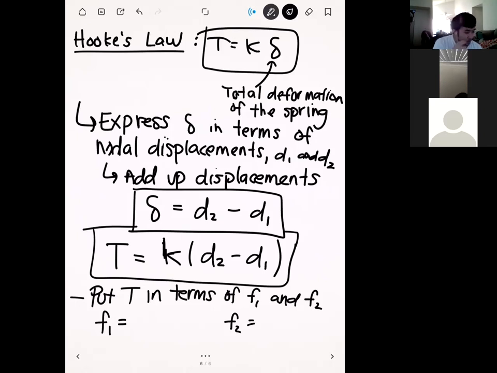Relating this back to our figure, we can say that F1 is equal to minus T, and F2 is equal to T. Because F1 is pointing to the left, it has to be a minus tension, and F2 is pointing to the right, so we have a positive tension on that. Any questions on this before I turn the page?